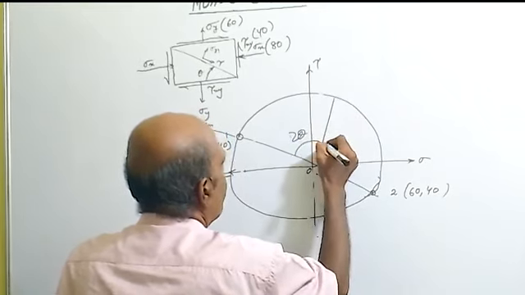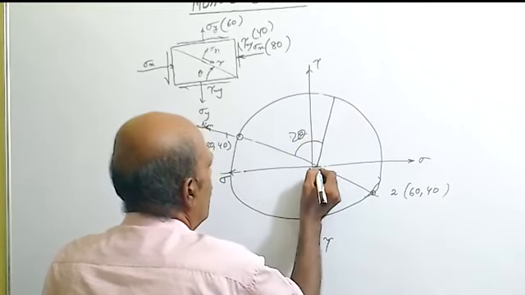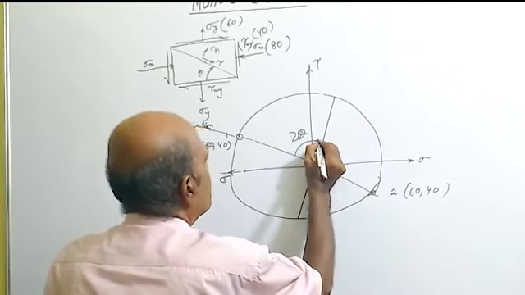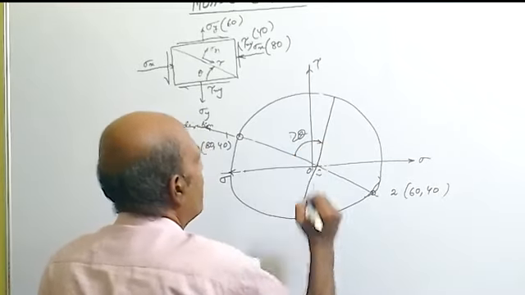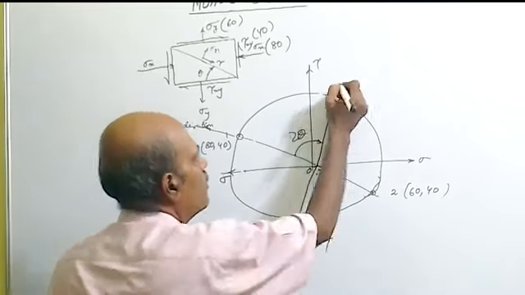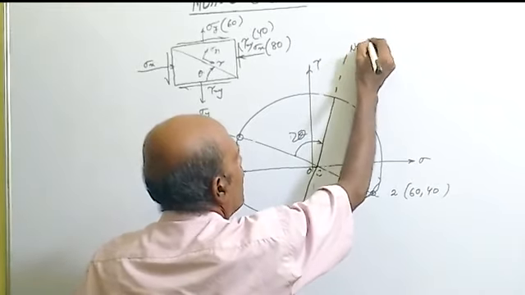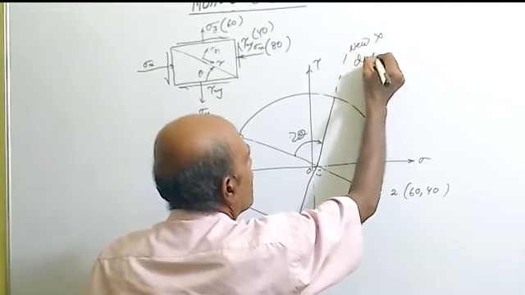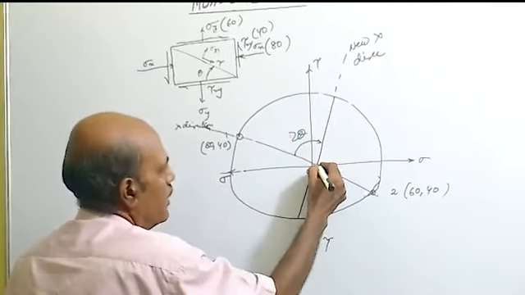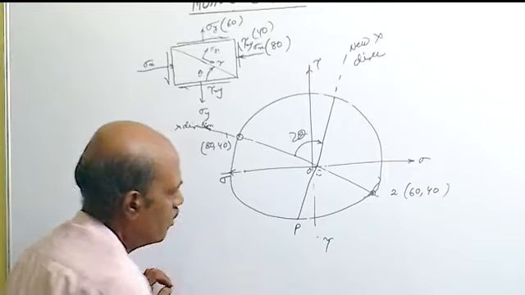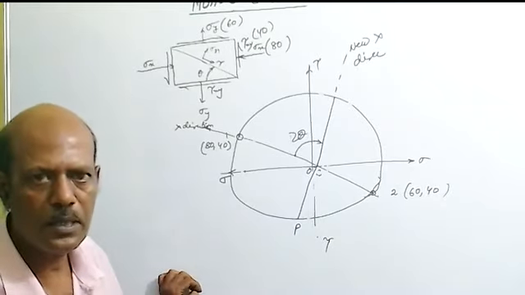This angle, say it is 2 theta from here to here. So this will be your new x direction. Now extend this line so that it will touch the circle, and this point is the foot of the new x direction.